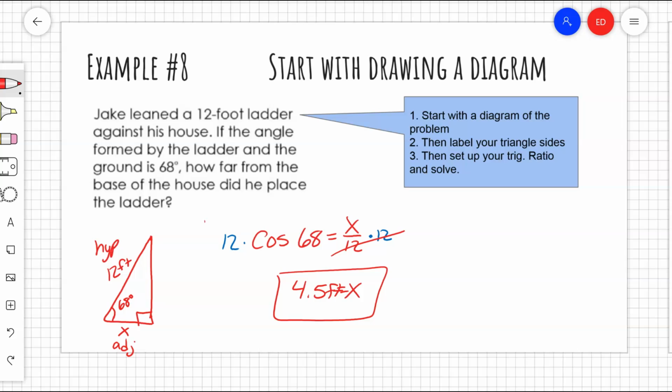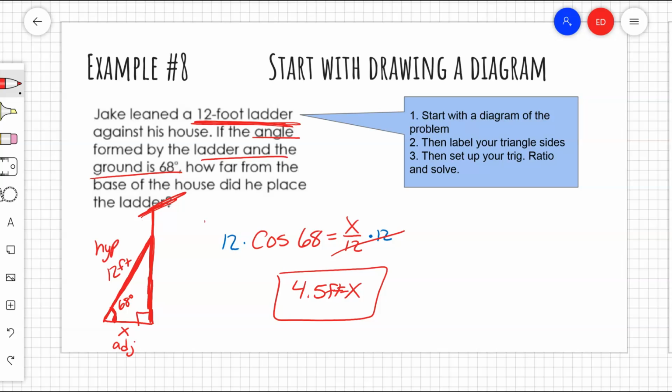And I'm going to explain these because if we're talking about Jake leaning a 12-foot ladder against a house, that's going to be this long side right here. And then this would be the house wall. This is not going to be to scale, but this would be the house. And then the angle formed by the ladder and the ground, from the ladder all the way to the ground, is going to be 68 degrees, so that angle is represented here.